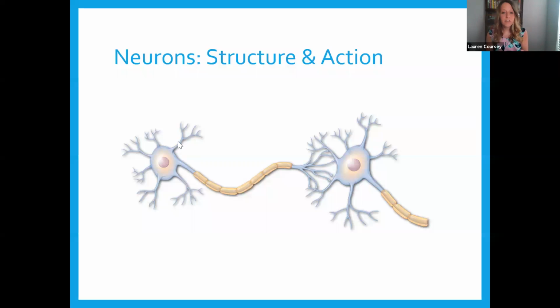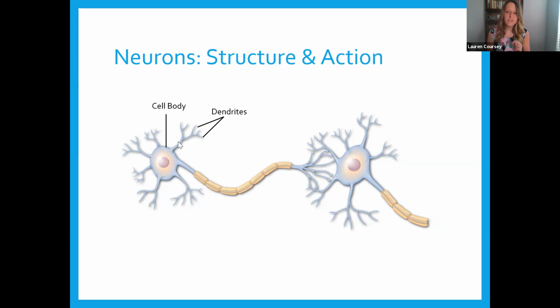The presynaptic neuron receives information from other neurons or sensory receptors via the dendrites. Dendrites are the branch-like structures that connect to the cell body. The dendrites receive information. The cell body is where these messages that may come from a variety of different neurons are integrated.